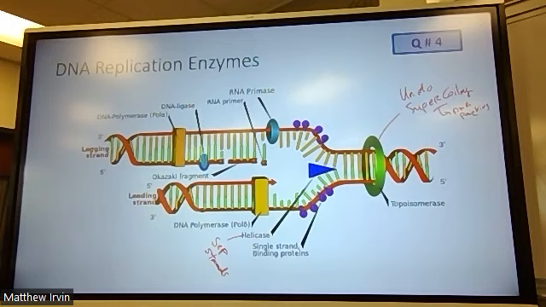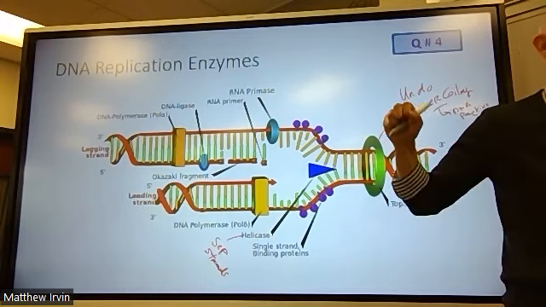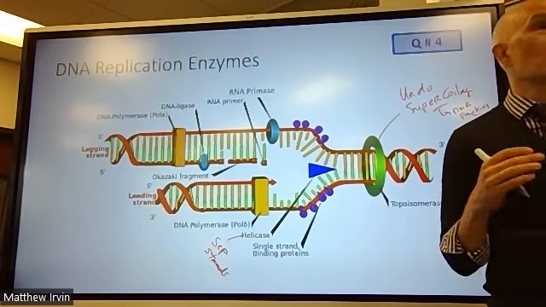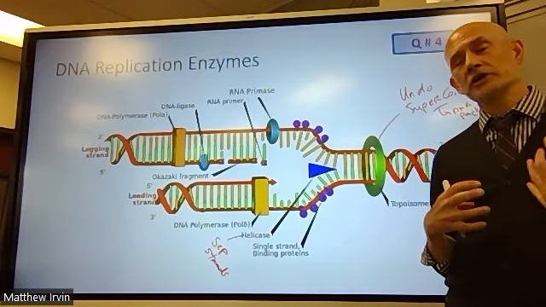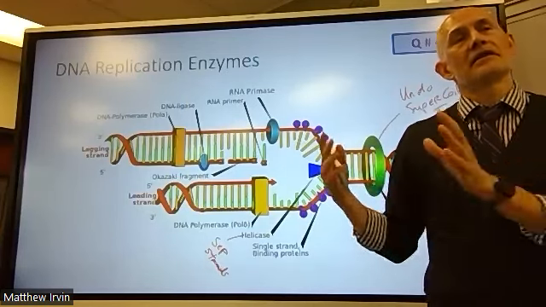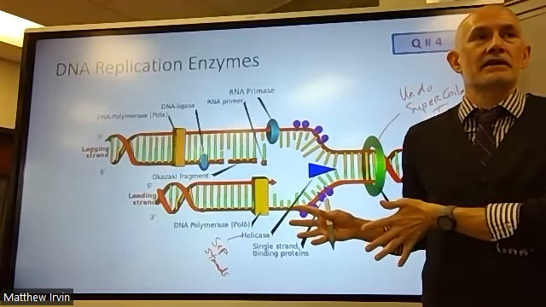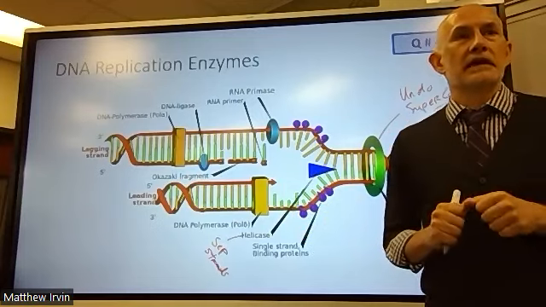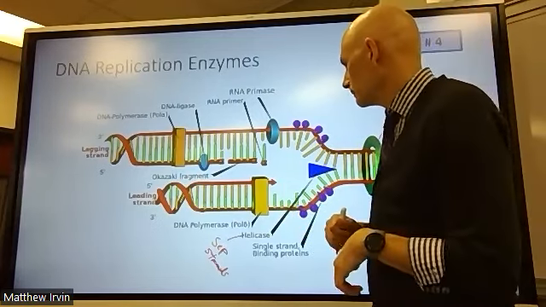How many hydrogen bonds between a guanine and the cytosine? 3. How many between an adenine and a thymine? 2. And so guanine cytosine bonds are stronger. So if you have a DNA strand with more guanine cytosine and another strand that has more adenine thymine, that's going to make it a stronger DNA molecule.